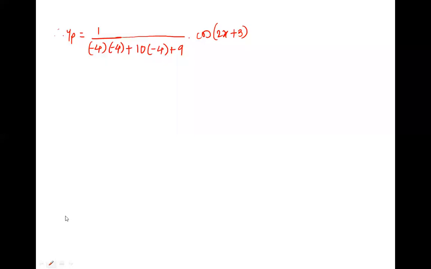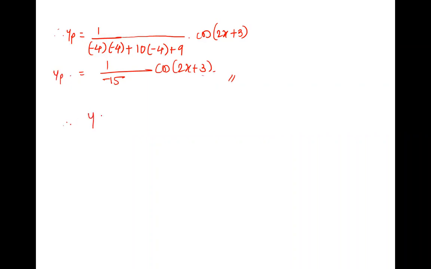Therefore, solve this and tell me the term. 16 plus 9, 25 minus 40. Check this. 25 minus 40 is minus 15. Correct. So this is your required YP.